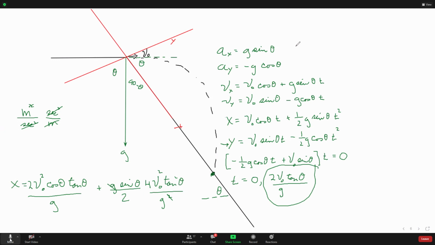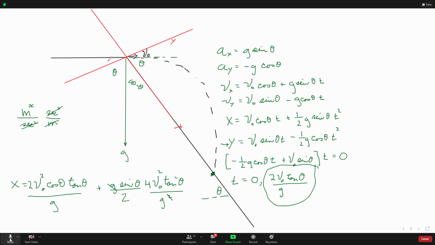Naively, I might decide to solve this problem by making these my axes and trying to figure out where I hit this slope. But that's kind of the hard way to do it. So for simplicity, I play a trick.